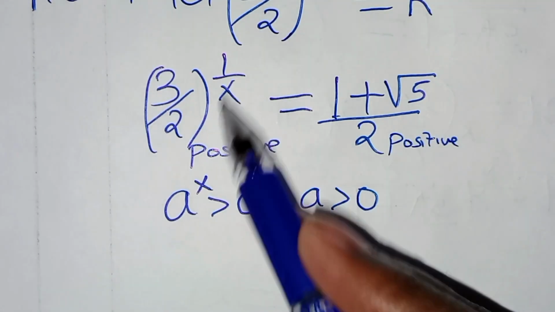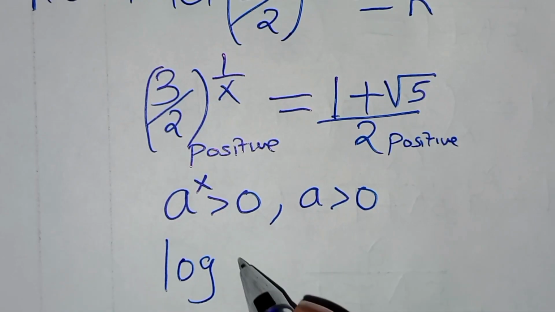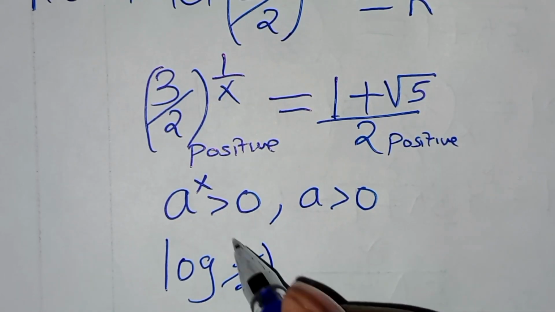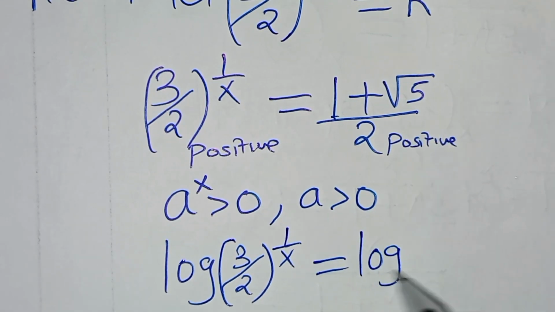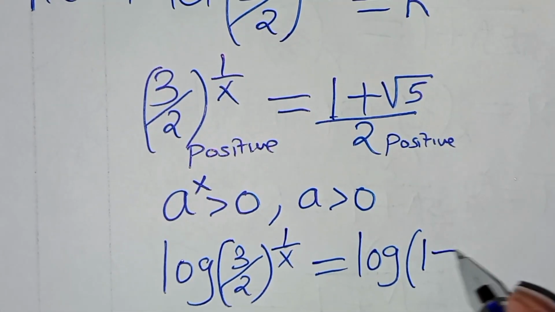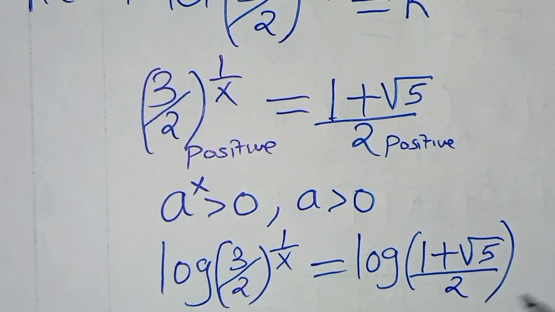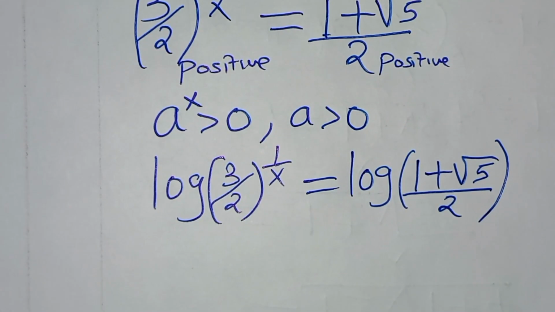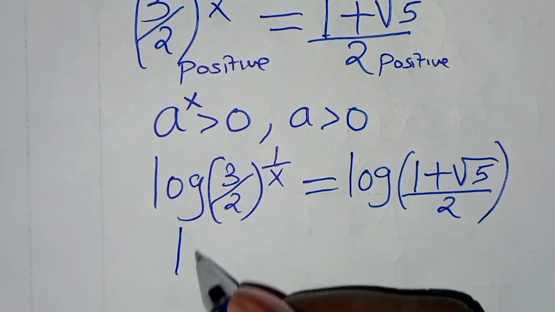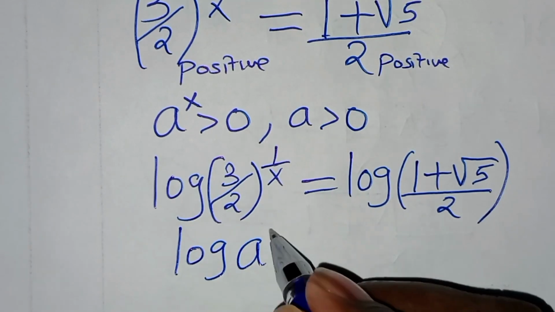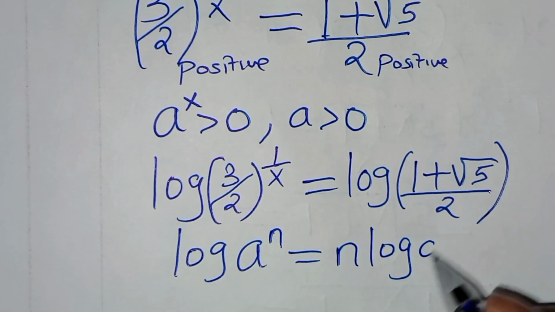To solve for x, we introduce logarithm on both sides. So log of (3/2)^(1/x) is equal to log of (1 + √5)/2. Now, log of (3/2)^(1/x) is in the form log a^n, which we can express as n log a.